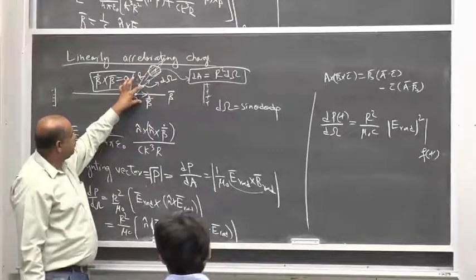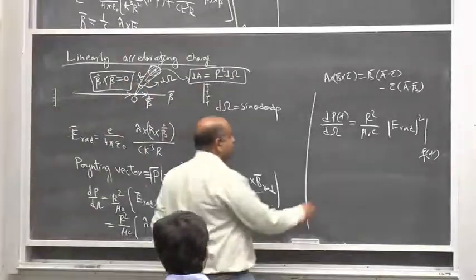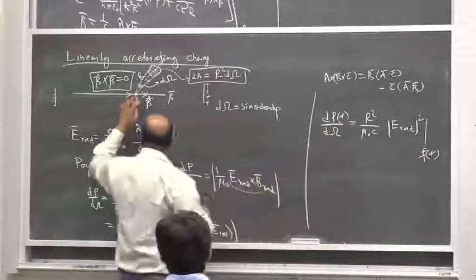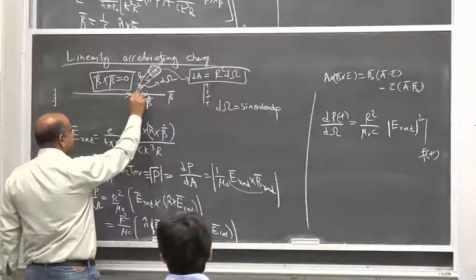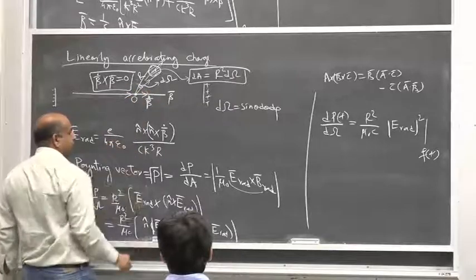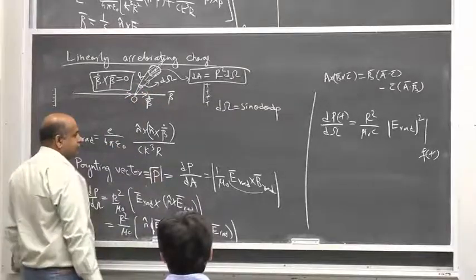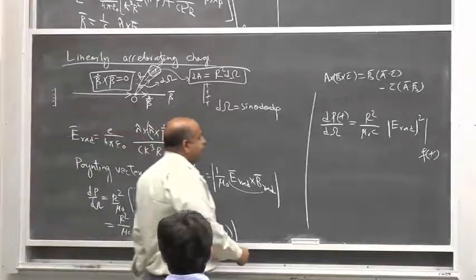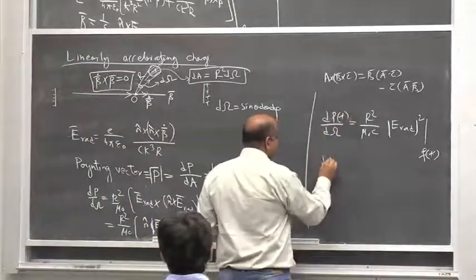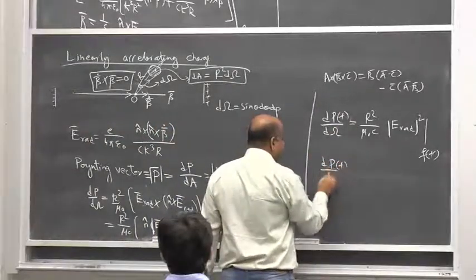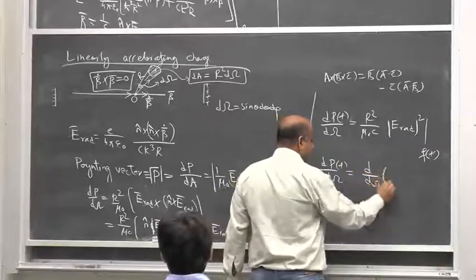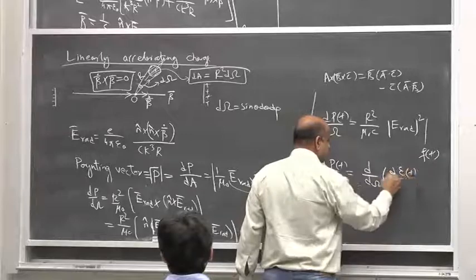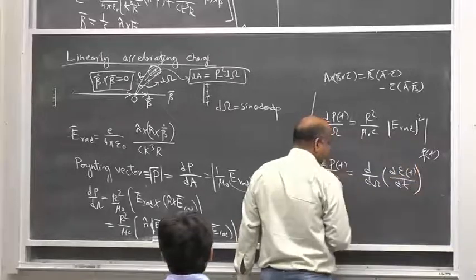And we can actually compute the power that is radiated by the charge in its own frame by a simple chain of transformation. We know that this dP of t by d omega is nothing but this thing, right?